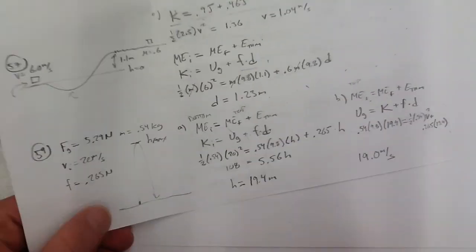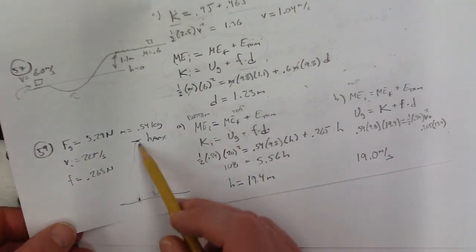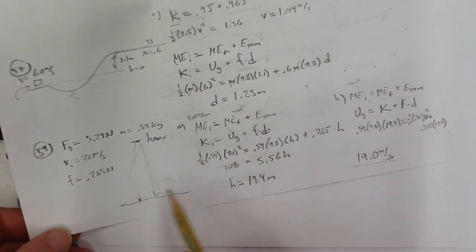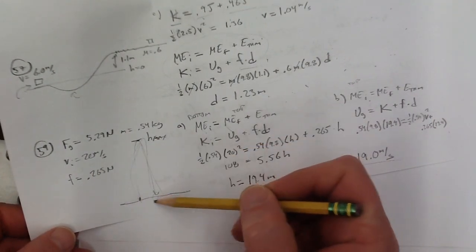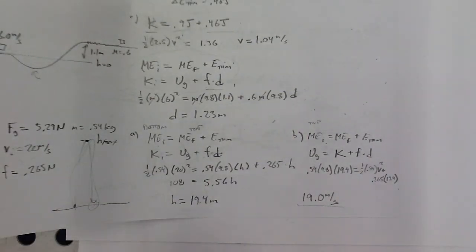If we launched it up at 20 meters per second, then went up, came back down again, if there was no friction, then we would expect it to return to the ground with the exact same velocity that it left with. Let's see how we did. That was number 59. We're good. All right. You got some pizza coming your way.